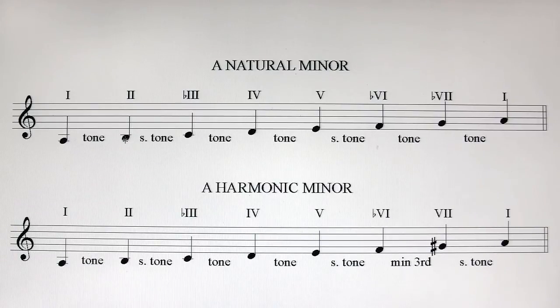From here, it would be from this B on the 2nd degree. It would also be an interval of a second to this note here. It would be a different kind of second, because this second here is a tone, whereas this second is only a semitone.